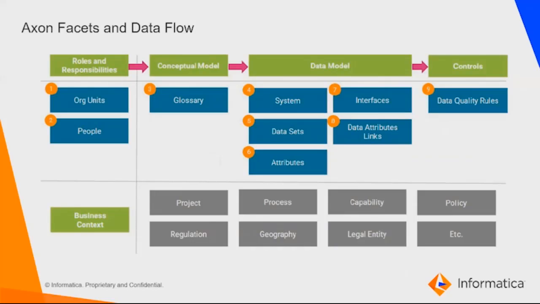This flowchart shows you need to start by creating your organization unit, adding people to your organization unit, creating glossaries, systems, data sets, and moving on. Based on your use case, you can feed the data to these facets and keep adding or onboarding use cases in Axon.